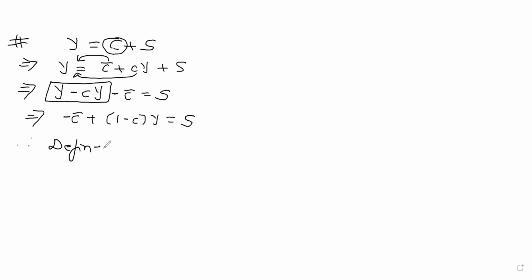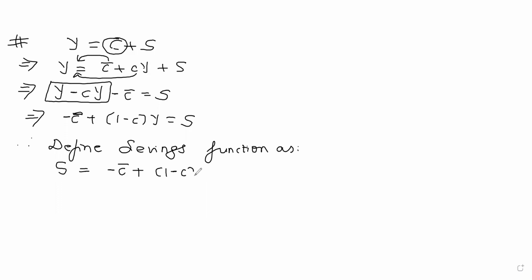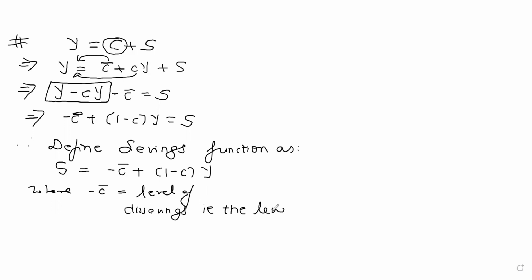Therefore, I can define the savings function as s is equal to minus c bar plus (1 minus c)y, where minus c bar denotes the level of savings when income is equal to 0.